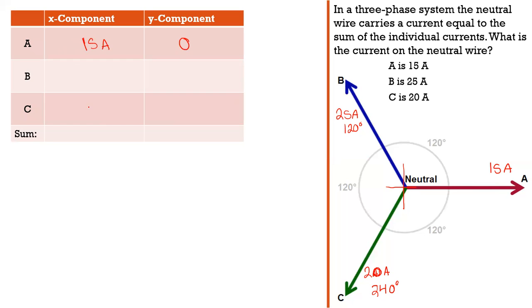For vector B, we're going to calculate: 25 cos 120 gives us negative 12.5. 25 sine 120 leaves us with 21.7.